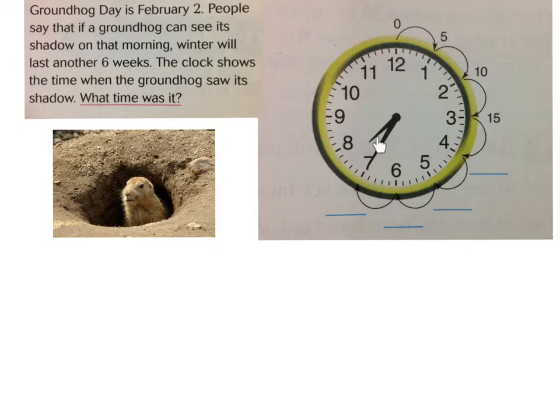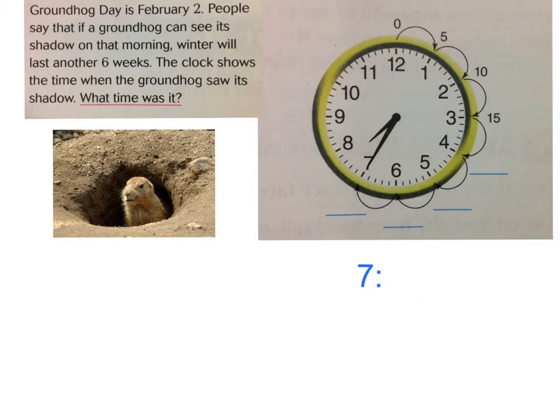The hour hand is between the 7 and 8, so I know the hour is 7. In 1 minute, the minute hand moves from one mark to the next on a clock. It takes 5 minutes for the minute hand to move from one number to the next number on a clock. You can count by fives to tell time to 5 minutes.